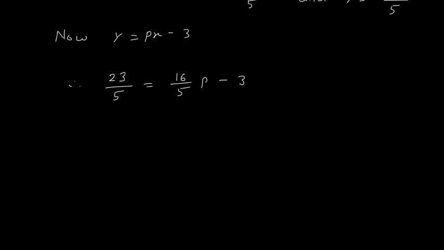Now this minus 3 I will bring on the left hand side, so I will get 23 upon 5 plus 3 is equal to 16 upon 5 p.